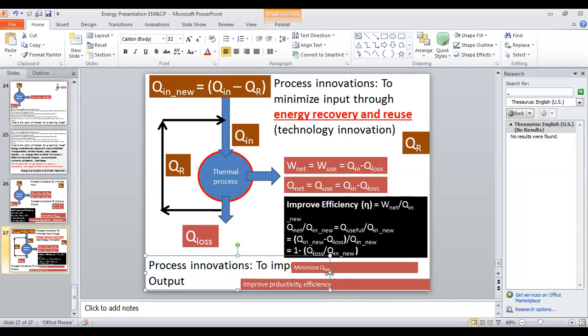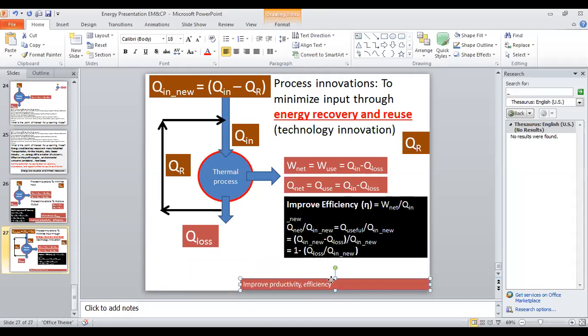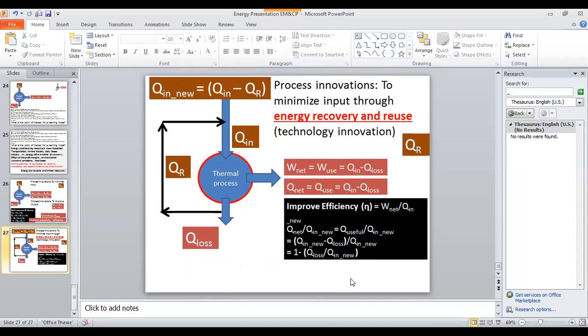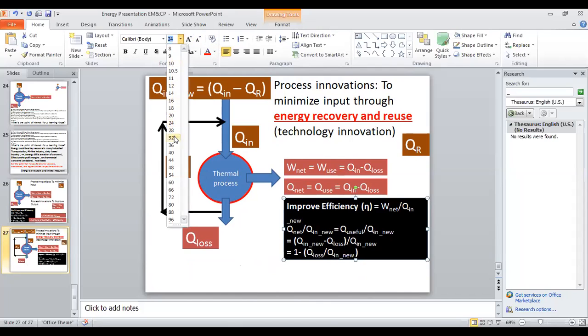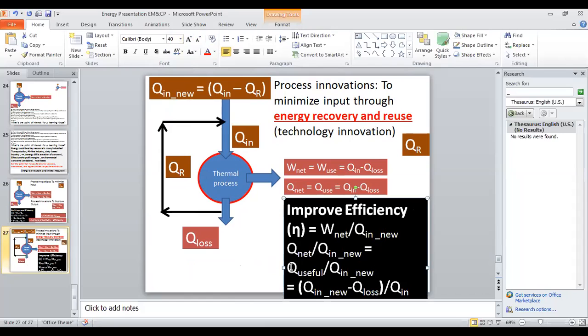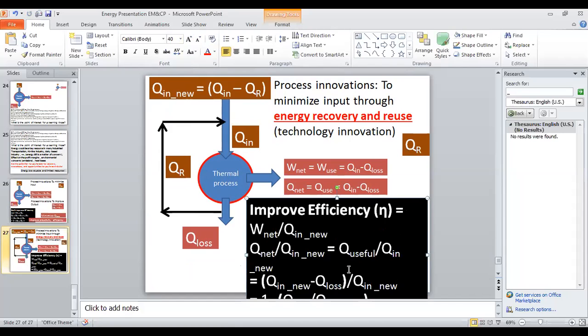So this is also process innovation. Not to say Q loss, but you improve the efficiency through the recoveries. Very, very important: energy recovery and recycling.